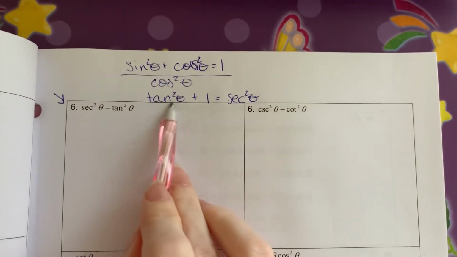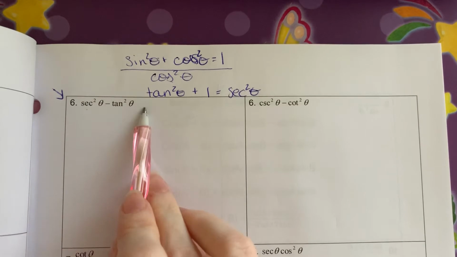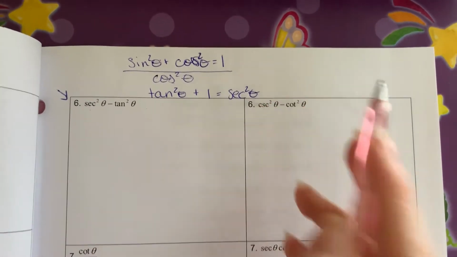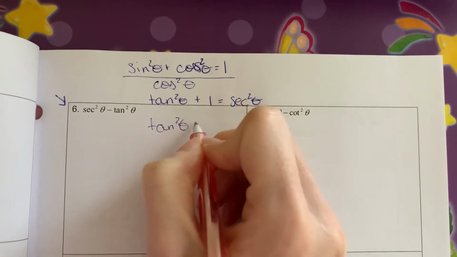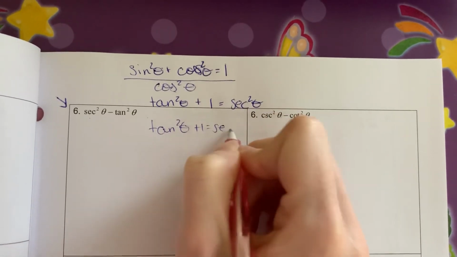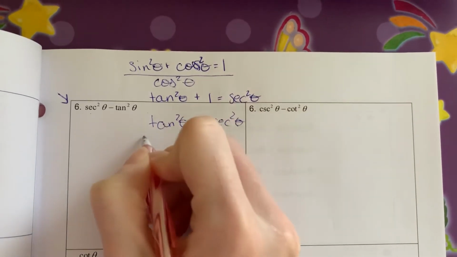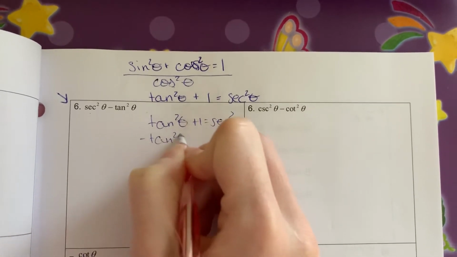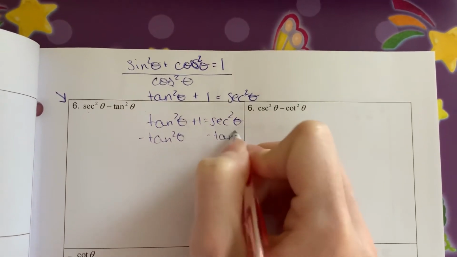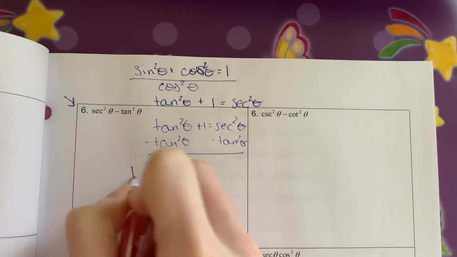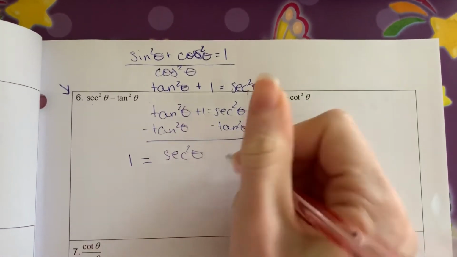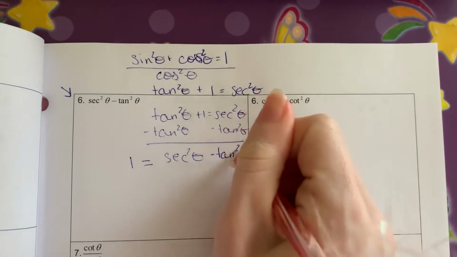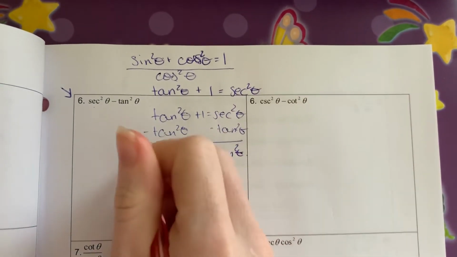So you can notice over here the secant squared minus the tan squared. If I bring that tan over here, watch, I'll write it. Tan squared theta plus 1 equals secant squared theta, subtract tan squared theta. 1 equals secant squared theta minus tan squared theta. So this side's 1.